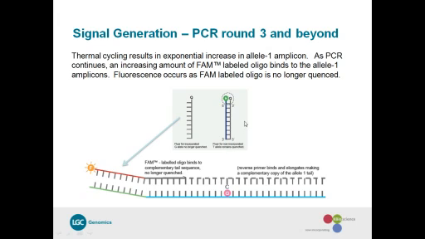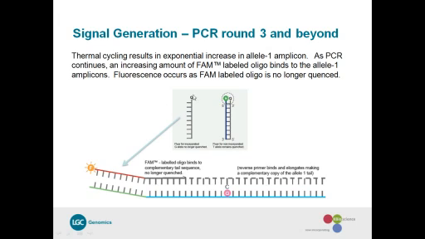Because as you go through successive rounds of PCR, you're going to create more and more of this amplicon with the allele 1 tail sequence and the complement to that allele 1 tail sequence, and you're eventually going to start pulling off the FAM-labeled sequence from the FRET cassette in your master mix.